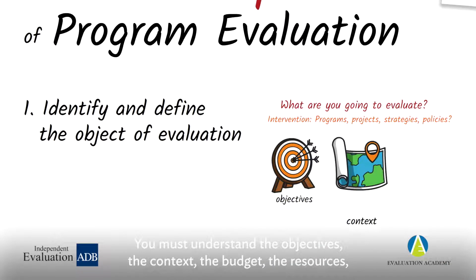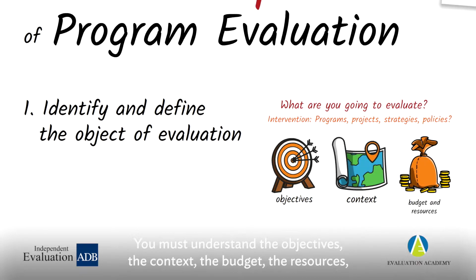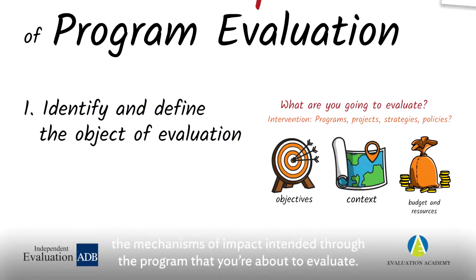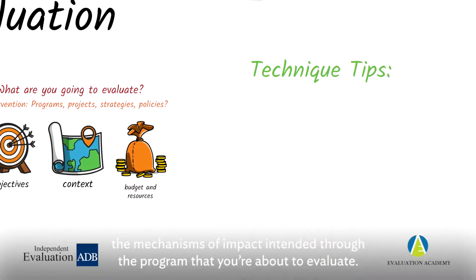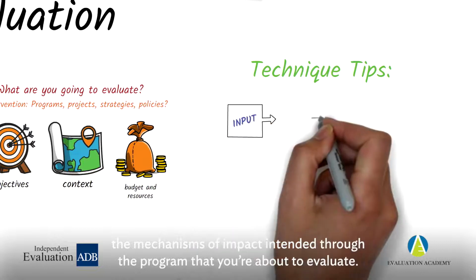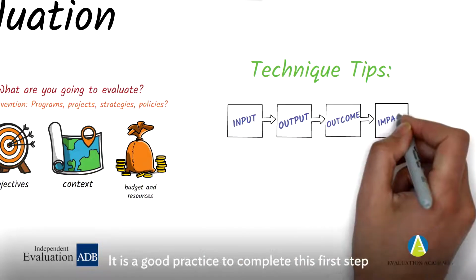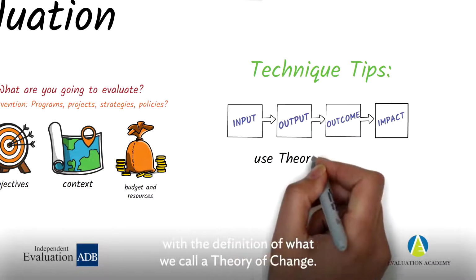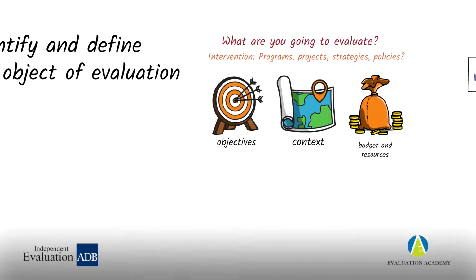You must understand the objectives, the context, the budget, the resources, the mechanisms of impact intended through the program that you're about to evaluate. It is a good practice to complete this first step with the definition of what we call a theory of change.